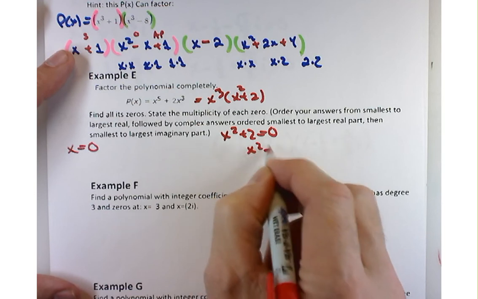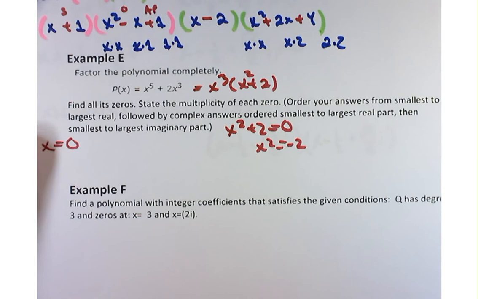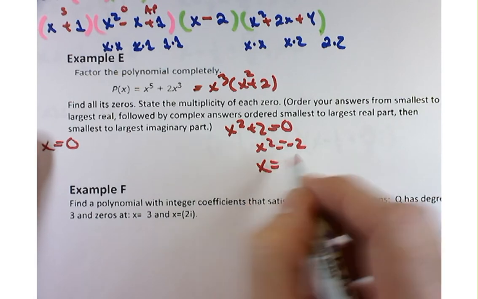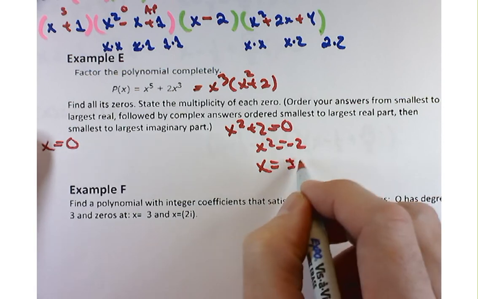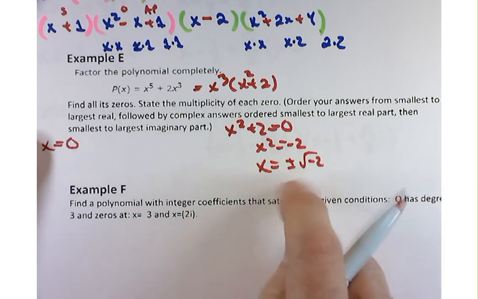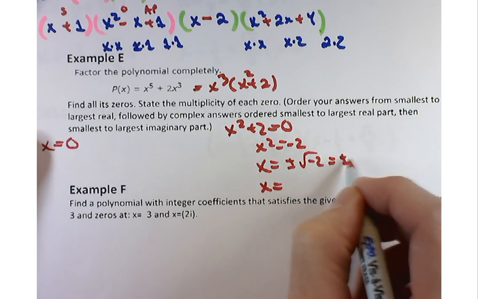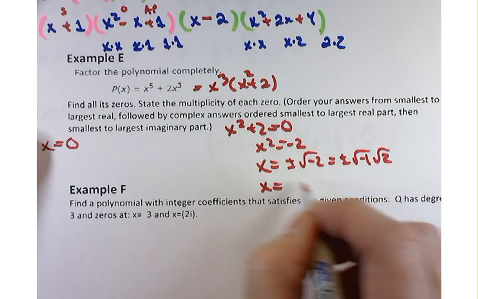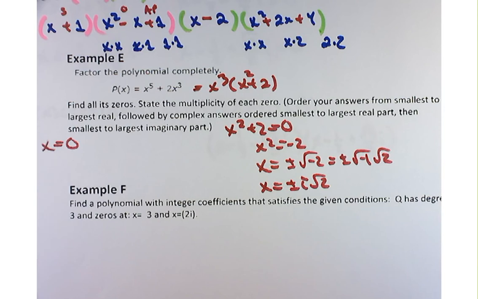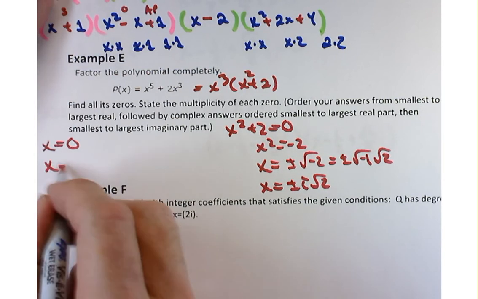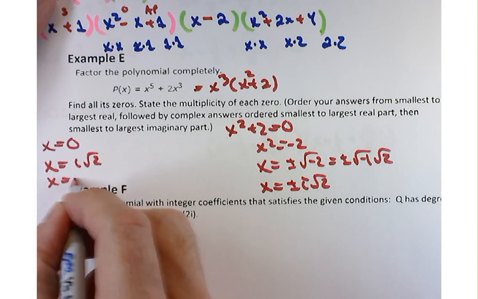That's x squared equals negative 2. What can x equal? Plus or minus i times square root of 2. If you factor out the negative 1, that's plus or minus the square root of negative 1 times the square root of 2. So we get x equals i times the square root of 2, and x equals negative i times the square root of 2.